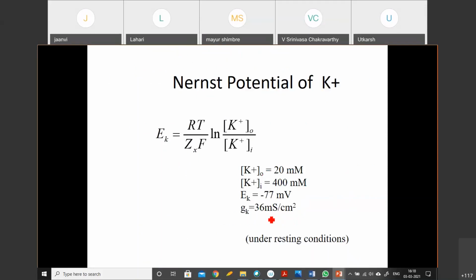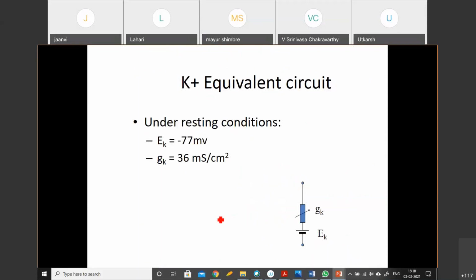Now we use per centimeter square because if you think of a patch of neural membrane, you have the lipid bilayer, and you have all these ion channels with their pore and everything.